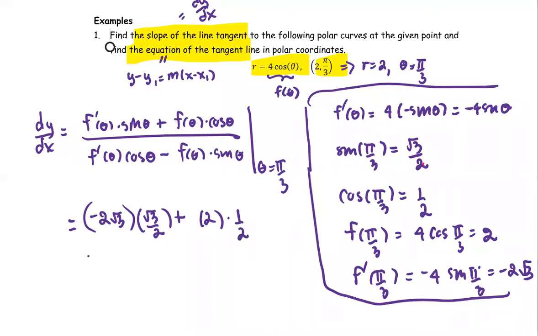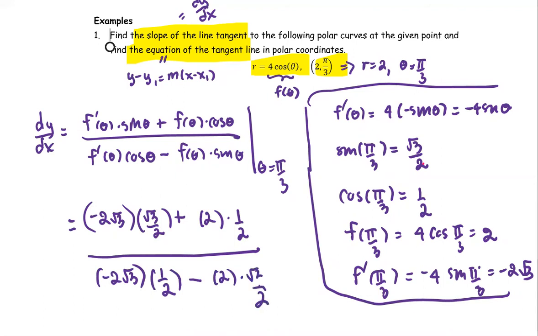And then all divided by the expression f prime, negative 2 times square root 3 multiplied by the cosine, which is 1 over 2, minus the f value, which is 2 multiplied by the sine, which is square root 3 over 2.